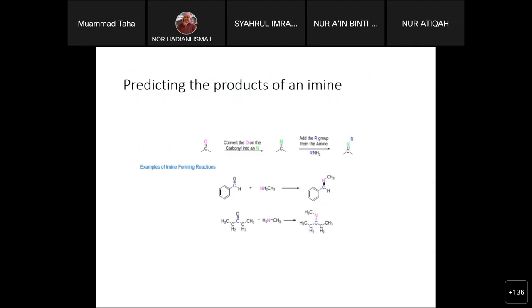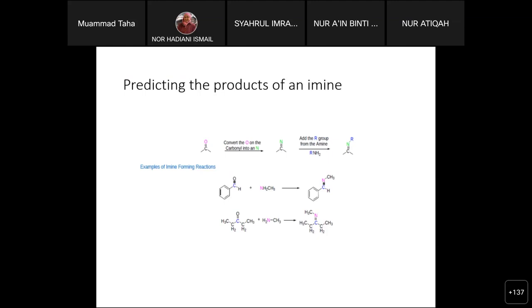Predicting the product of imines, we can predict any reaction if we know the first thing we always have to keep in mind: convert the oxygen of the carbonyl into the nitrogen. Simple as that, just put nitrogen in place of oxygen. The second thing is that whatever the substitution was on nitrogen, just put that one.